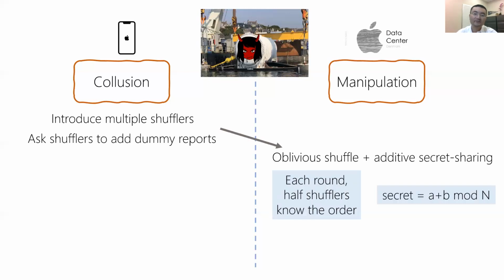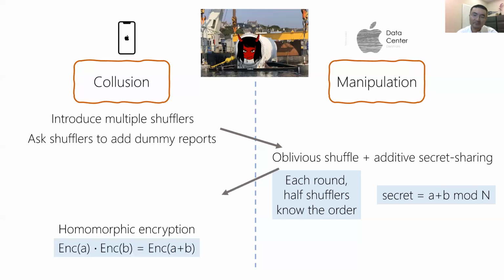On the other hand, to defend against the manipulation attack, we propose to use a protocol called oblivious shuffle. It works in multiple rounds, and in each round, only half of the shufflers will know the order, and the other shufflers will be oblivious to the order. It utilizes additive homomorphic encryption, which splits a secret into multiple random pieces, but they will sum up to the original secret.